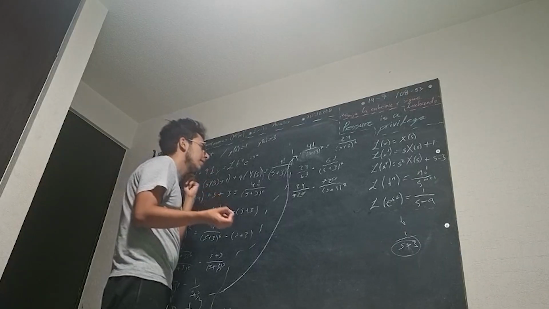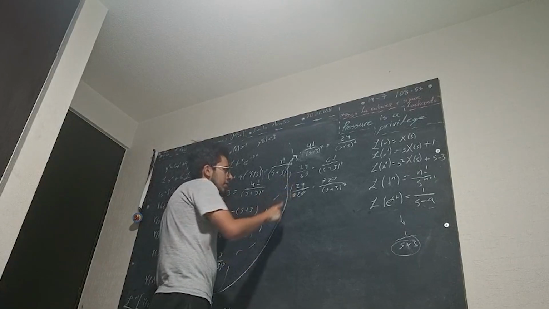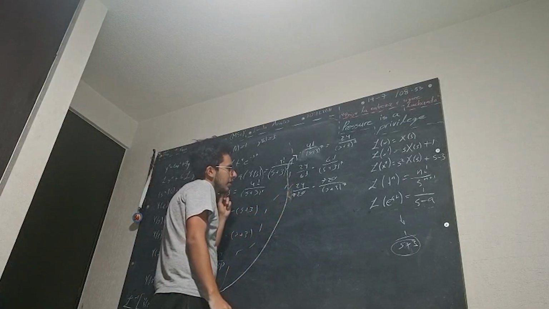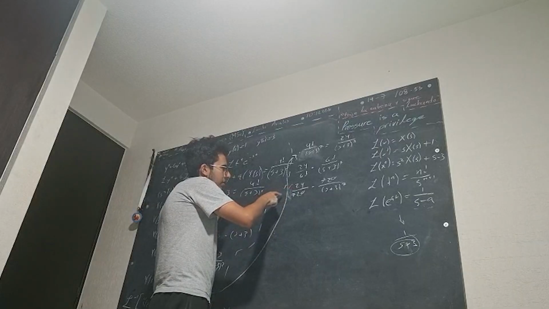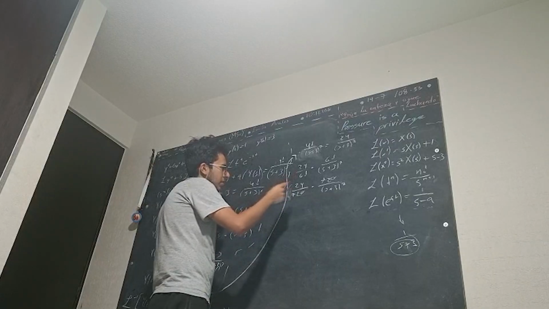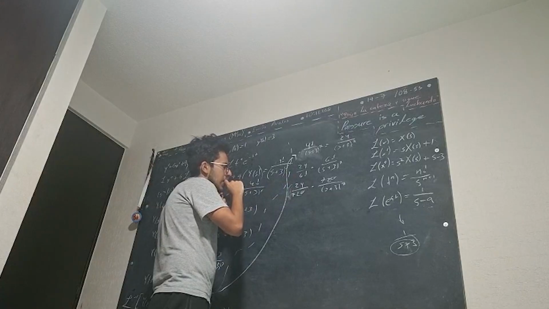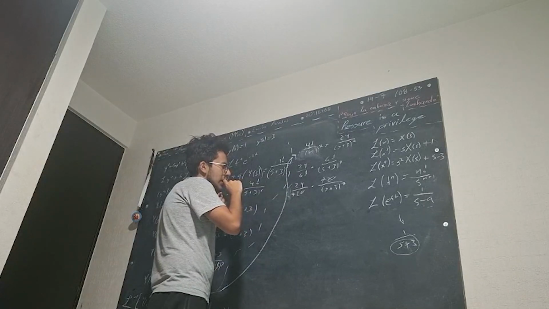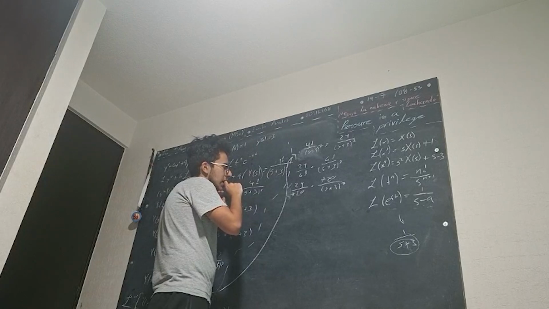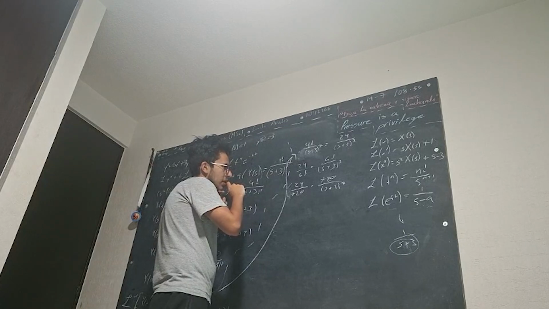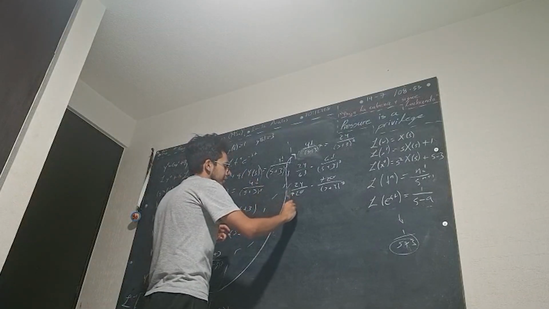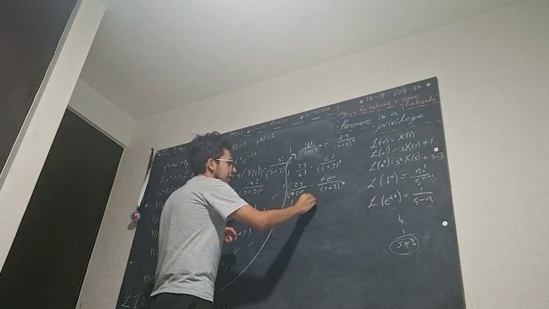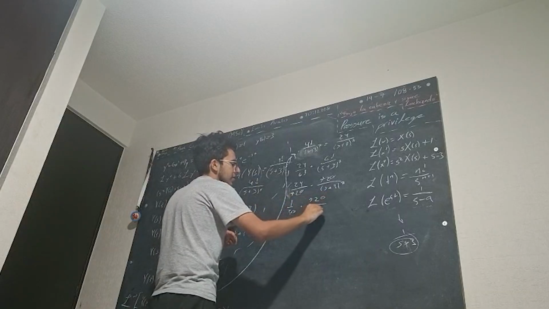So for this we have to simplify only this. It will be 12, and if I'm correct, it is 1 over 30 that we will multiply by this.